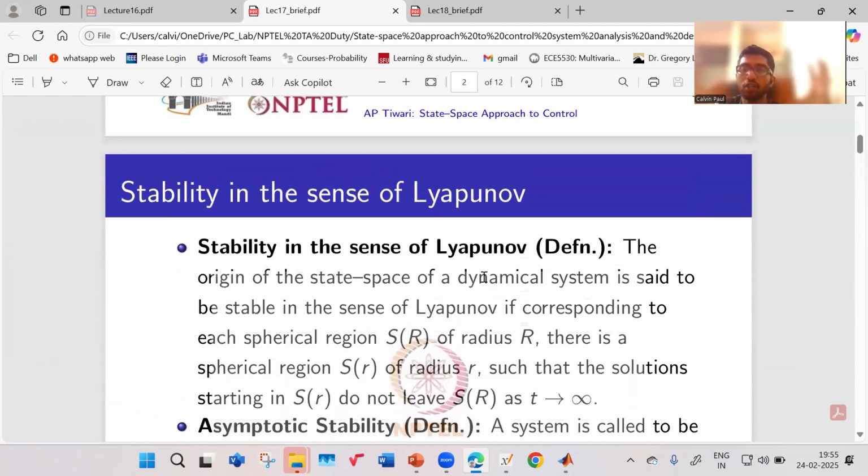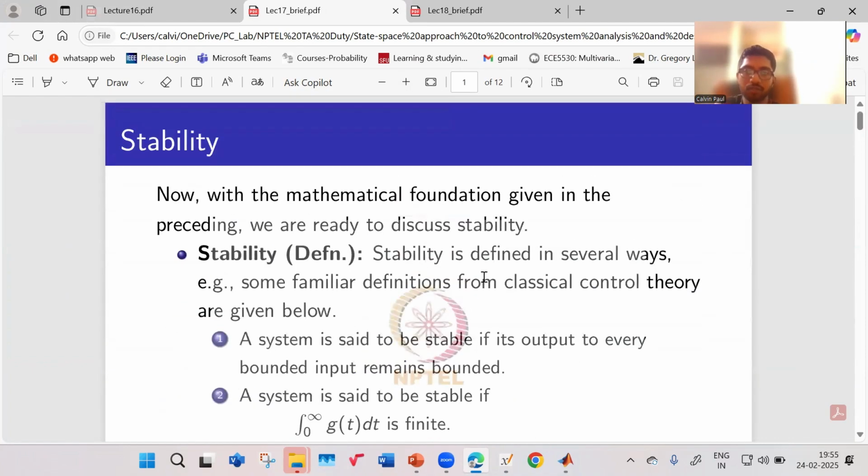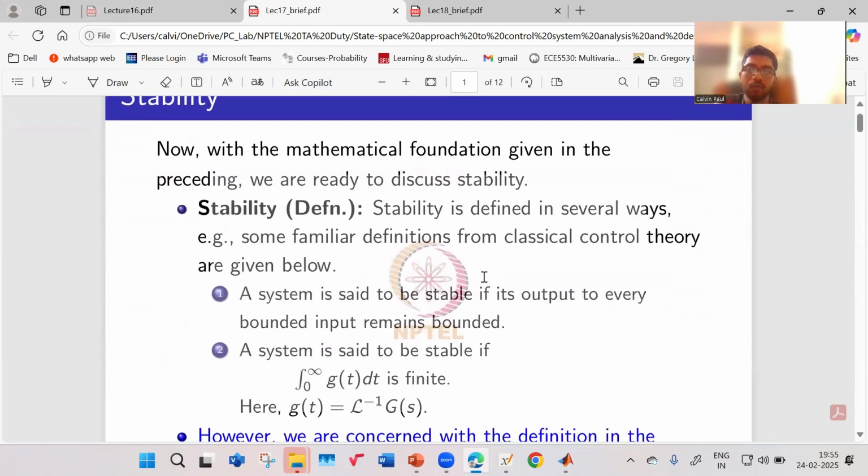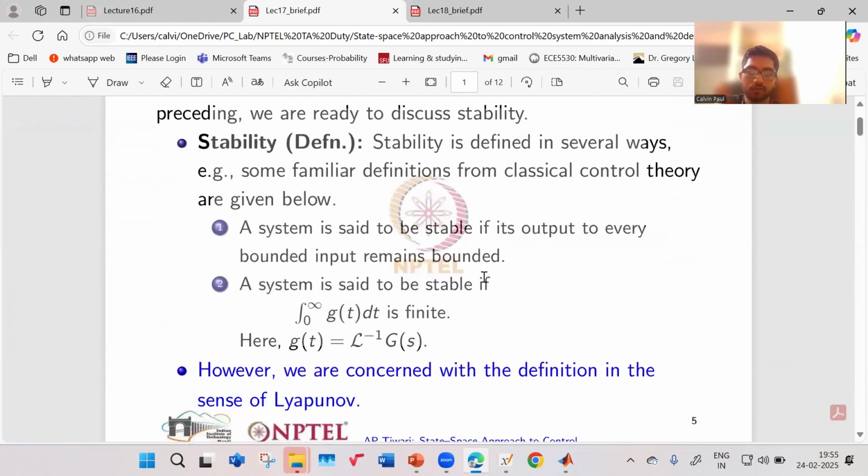It is a broader perspective on stability, not a compressed form of stability. Over here, if the integral from 0 to infinity of g of t dt is finite, then we say that the system is stable, and this g is the Laplace inverse of g of s.